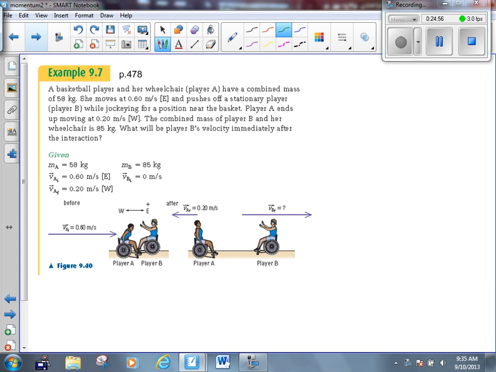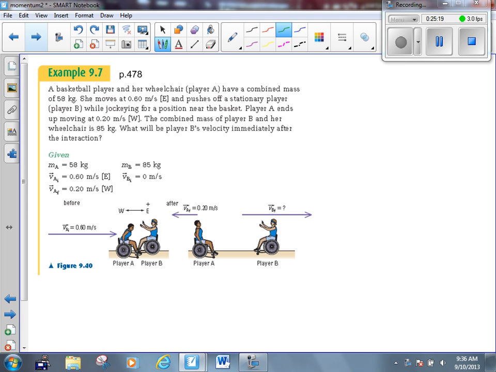All right. Let's take a look at 9.7 here on page 478. A basketball player in her wheelchair, player A, has a combined mass of 58 kilograms. She's moving at 0.6 meters per second and pushes off a stationary player while jockeying for position near the basket.